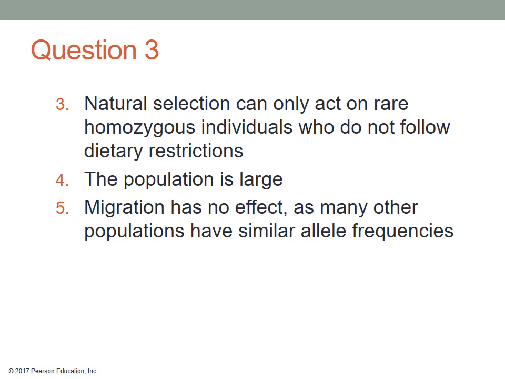For those of you unfamiliar with PKU, it is a genetic disease, but it is only triggered if they have exposure to the phenylalanine. If you can keep that out of their diet, then they're fine. We assume a population is large. Human population is very large. And we assume that migration has no effect and that all other populations of humans have similar levels of PKU frequencies. Okay, we can assume all of this.